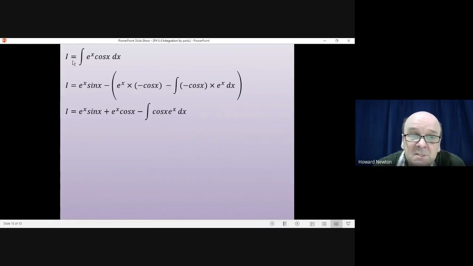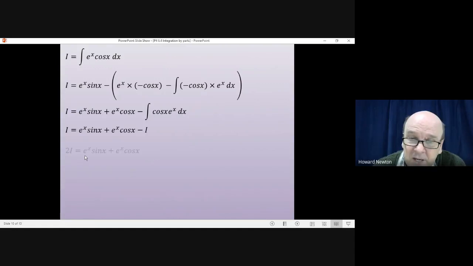This integral is equal to I. That means I can just substitute I for this integral because that's where we started from. So substituting in I gives us that the integral I that we're trying to find is e to the x sine x plus e to the x cos x minus I.